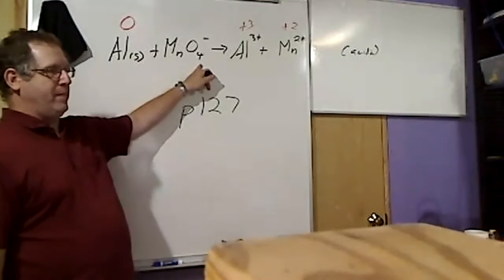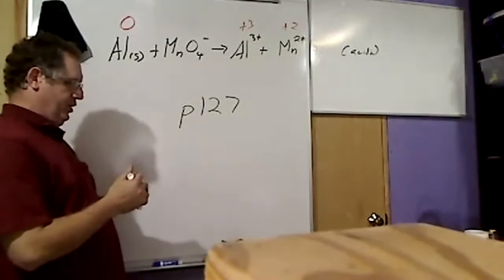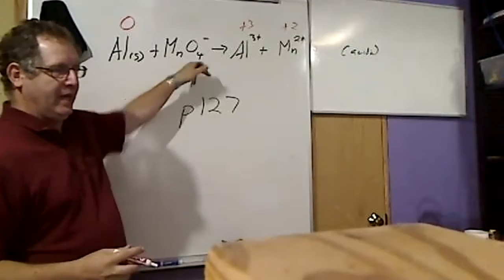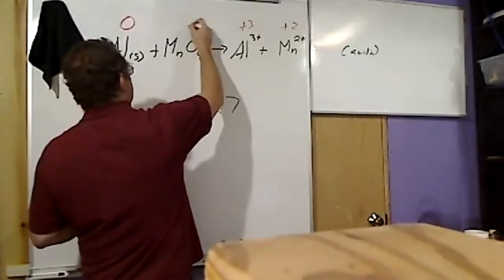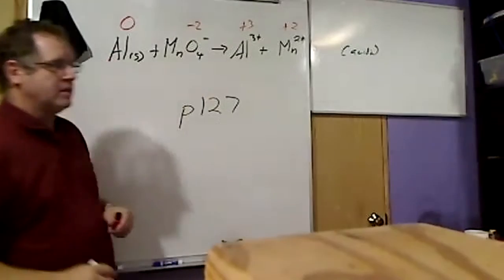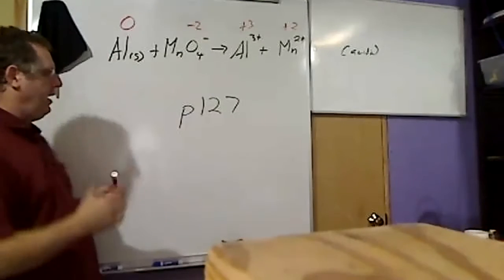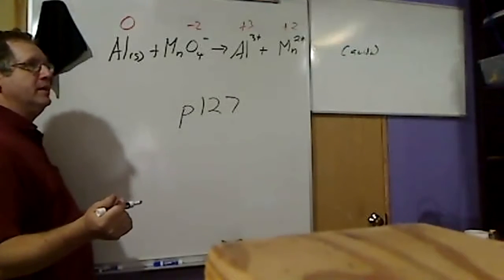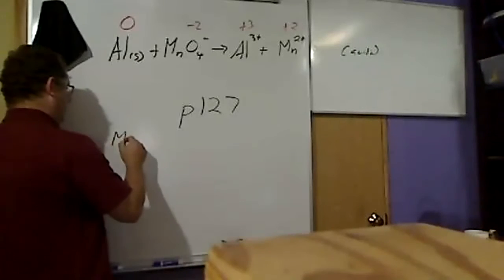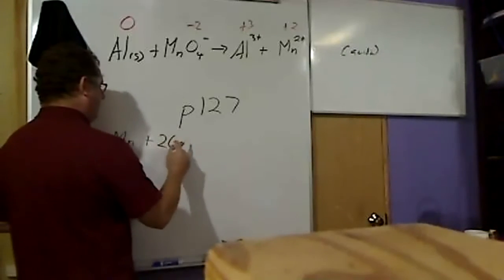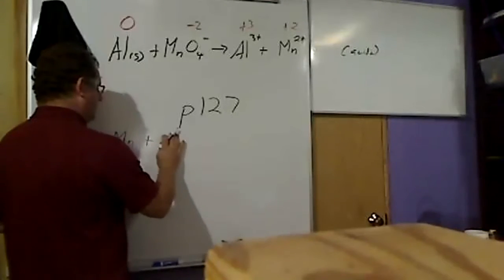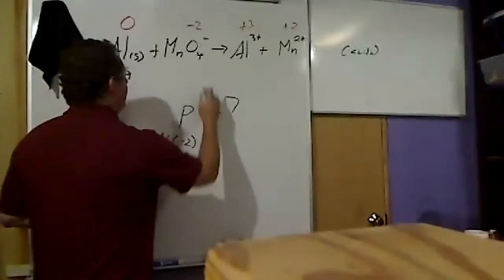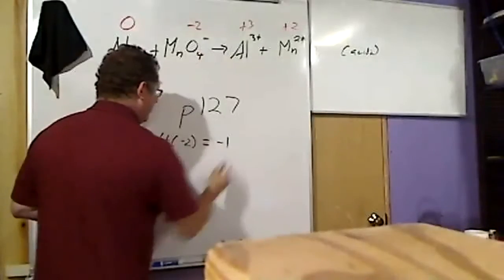Now, what about this permanganate? I already showed you how water works out. Now, oxygen is always going to be a -2, unless it's in one of those weird ones. This isn't one of those. So we put a -2. And whatever the manganese's oxidation number is, I have 4 -2s, and that's going to be equal to the total charge here, which is a -1.